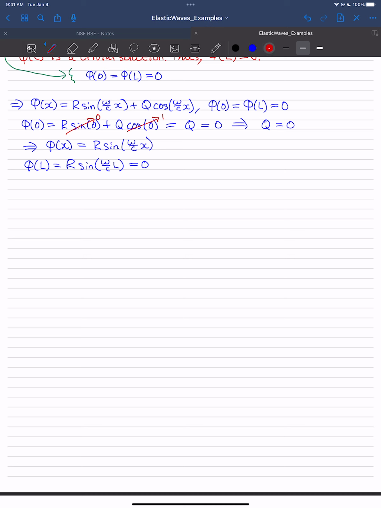In this case, either r is equal to 0 or the sine of omega over c L is equal to 0. r equal to 0 is a trivial solution. Thus, we need to go with the sine of omega over c L being equal to 0.